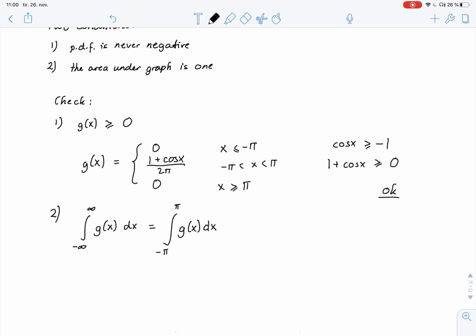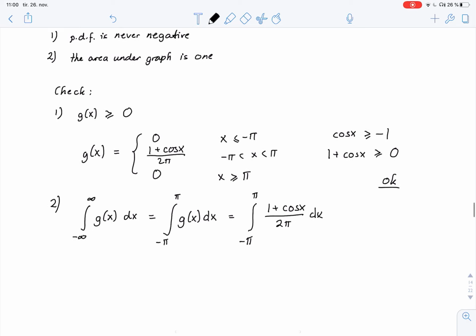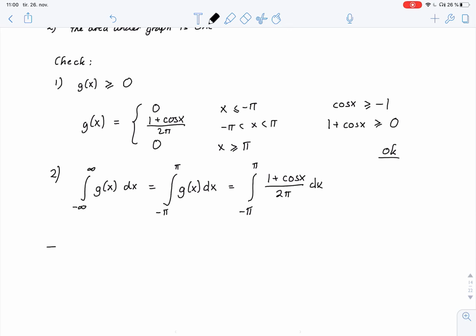Okay, and then we need to calculate that. So we need to insert the expression like this. Let's have a new line here. Hopefully we'll get 1 out of this.